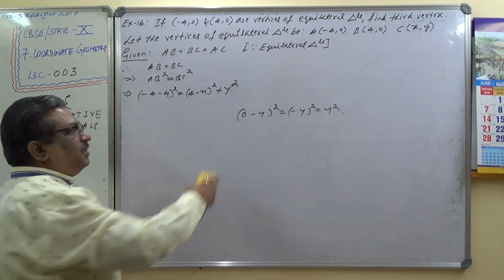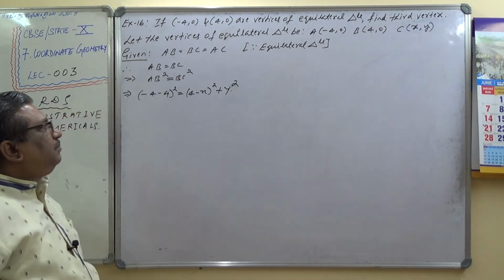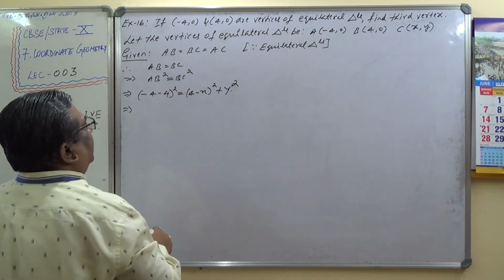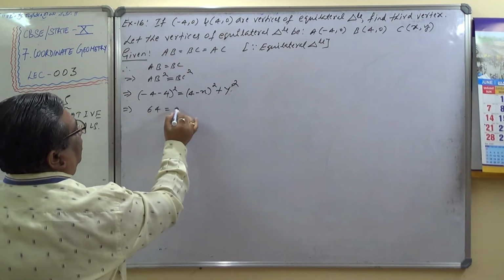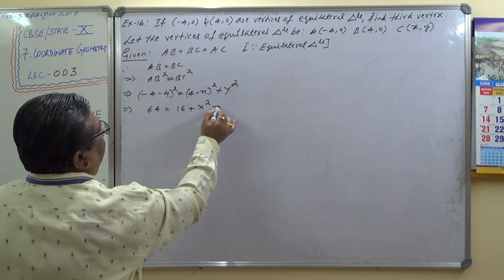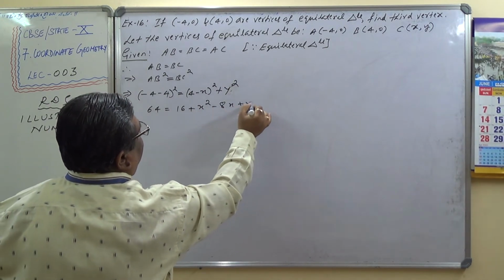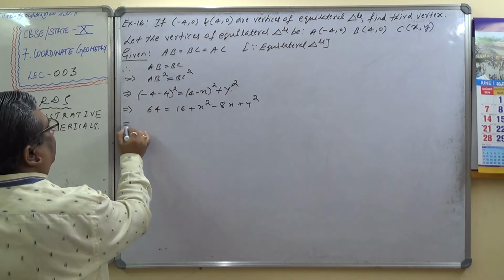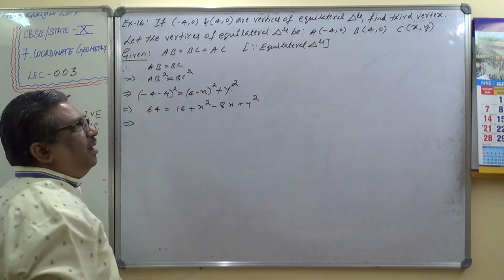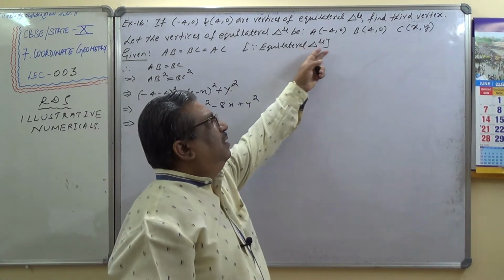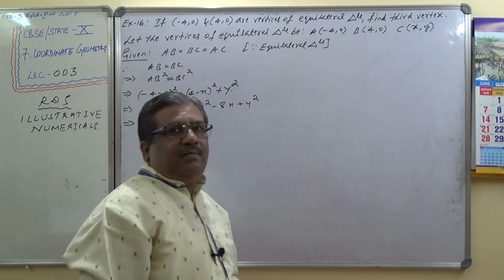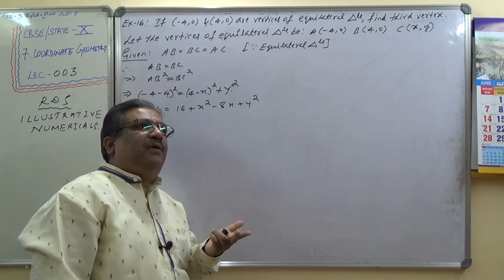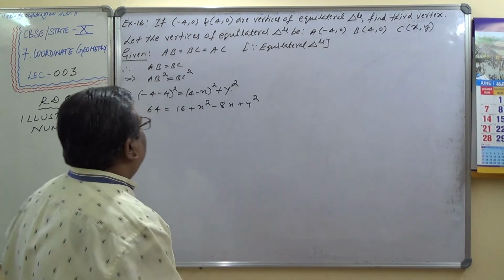Minus 4 minus 8, 64, 16 plus x square minus 8x plus y square. Is that right? So this is equal to... I have 2 unknowns here. In this entire equation, x and y being unknowns, definitely I should have 2 equations to solve, isn't it?